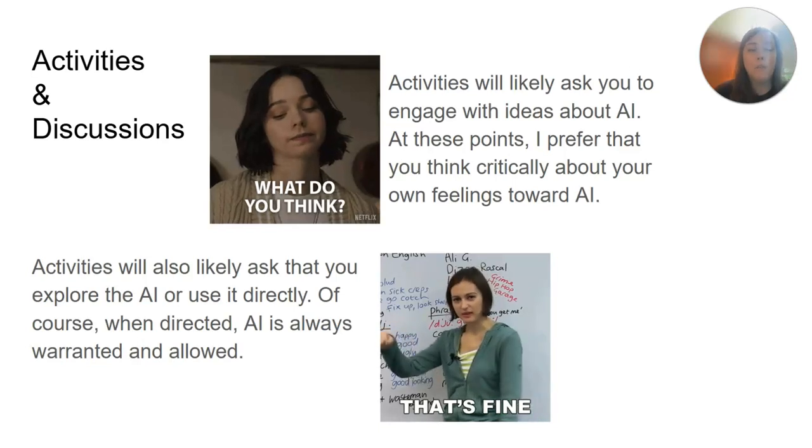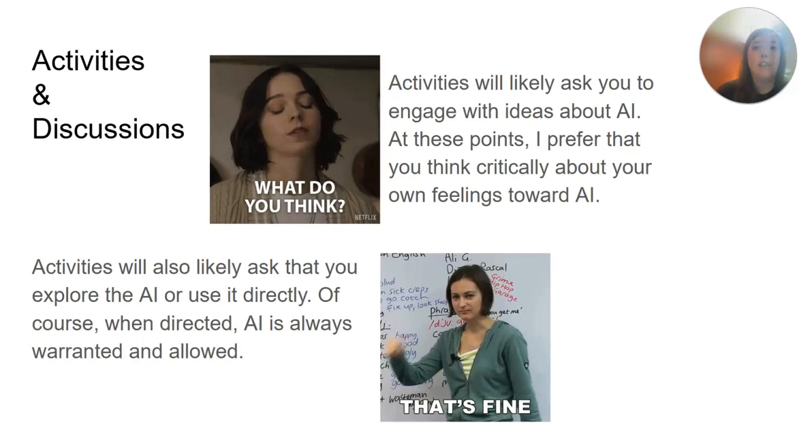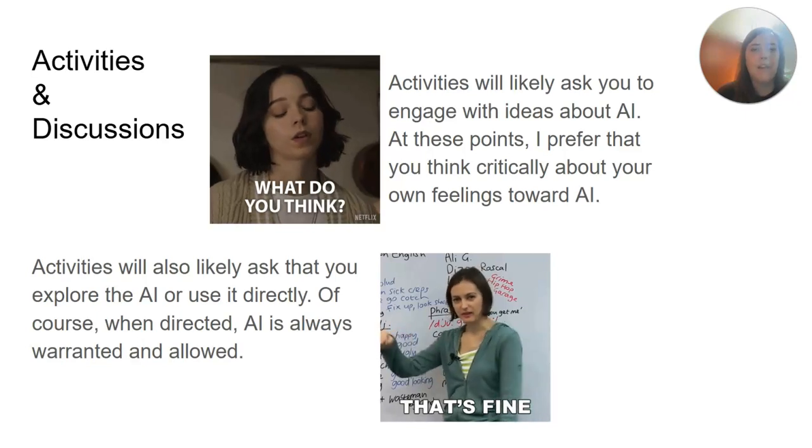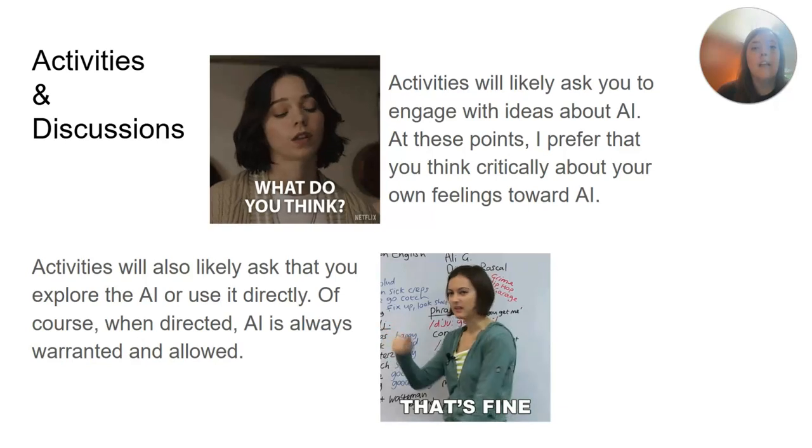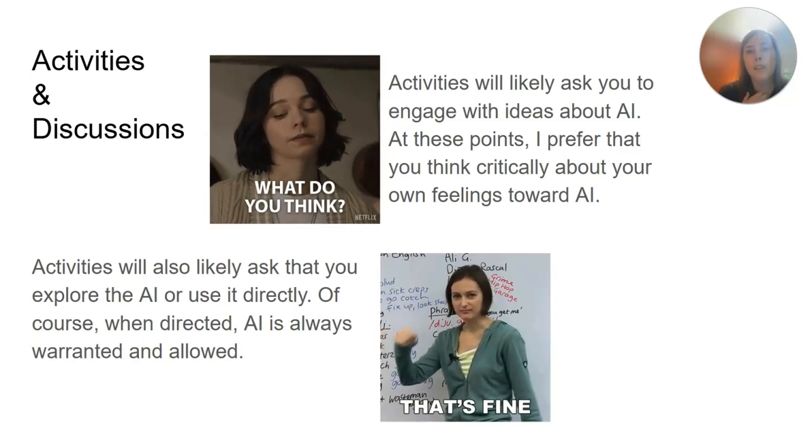But then also there will be parts of the activities and discussions where I direct you to specifically go to some AI of your choice. I'm usually thinking about ChatGPT when I am creating these types of assignments, but you're welcome to use anything. You can use whatever is built into Google, or things like Perplexity or Bard, or plenty of others, but anything that will get the job done.